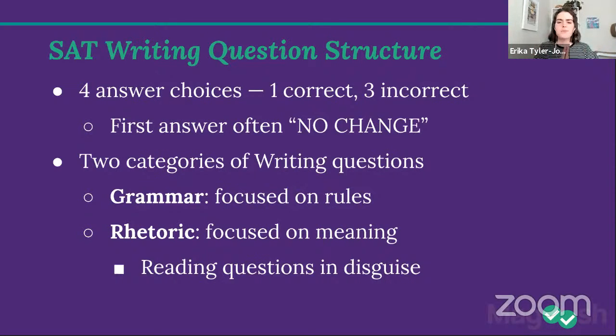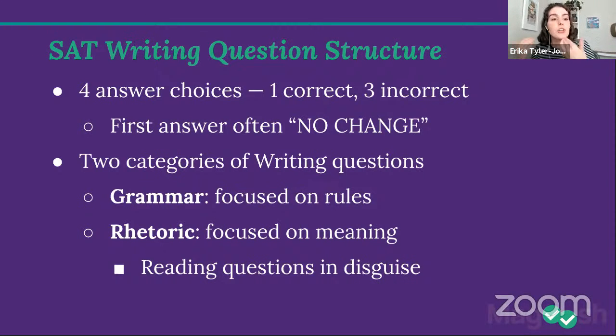So on the reading section, right, we might have a question that goes, okay, here's a word or a phrase or a sentence. And the question might ask, what is the author's goal in writing that word or phrase or sentence? So what is the author trying to do? What's their purpose? What's their goal? What's the point? In a SAT writing rhetoric question, they might go, okay, I'm going to give you the point.